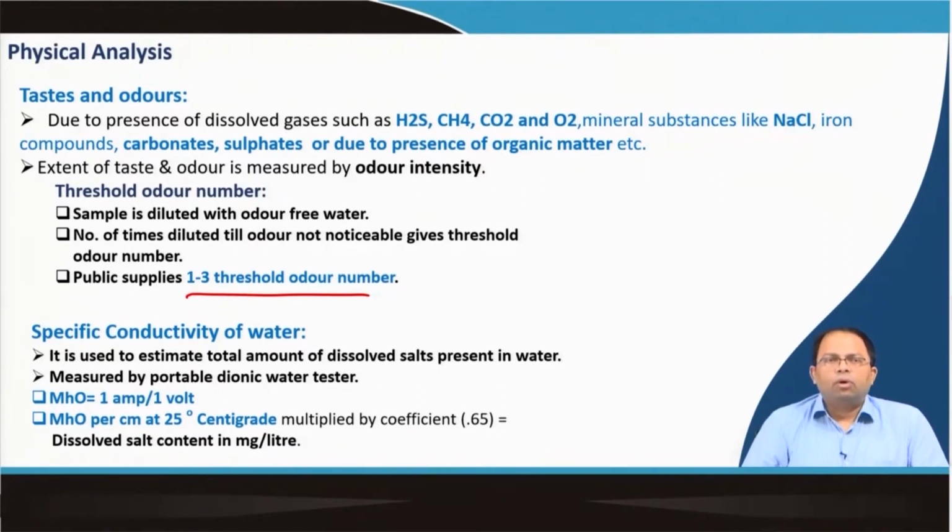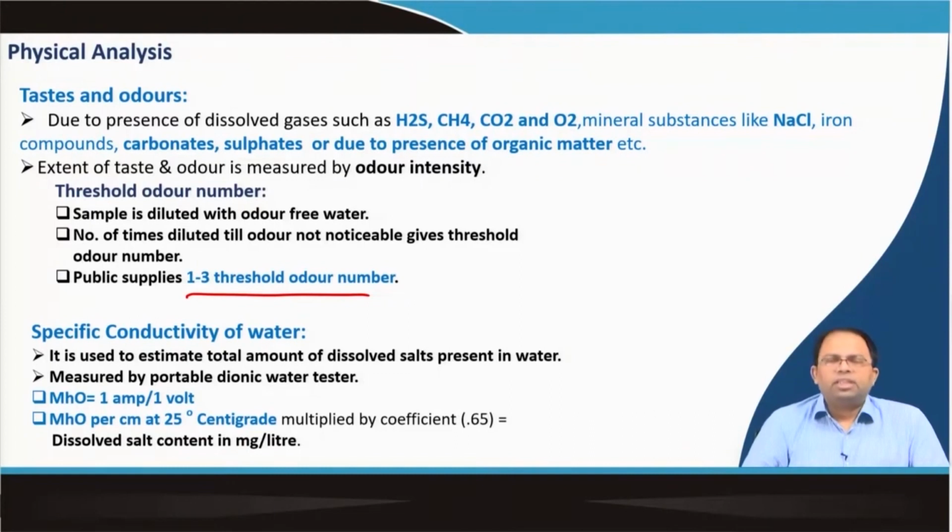This is the opposite of ohm, and 1 MHO is 1 ampere per 1 volt. MHO per centimeter at 25 degrees centigrade is measured, and that is multiplied by a coefficient of 0.65, which gives us the quantity of dissolved salts in the water.